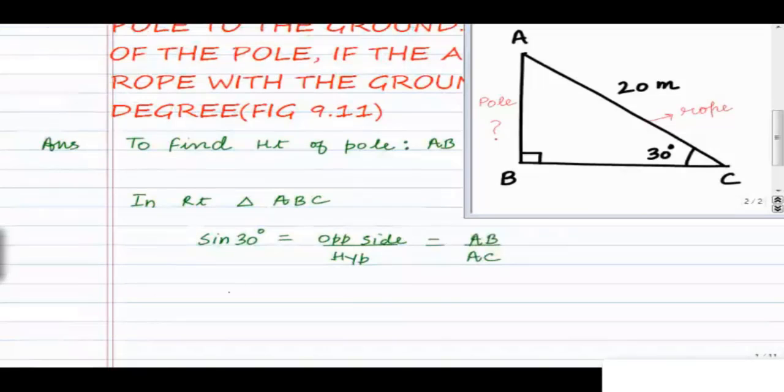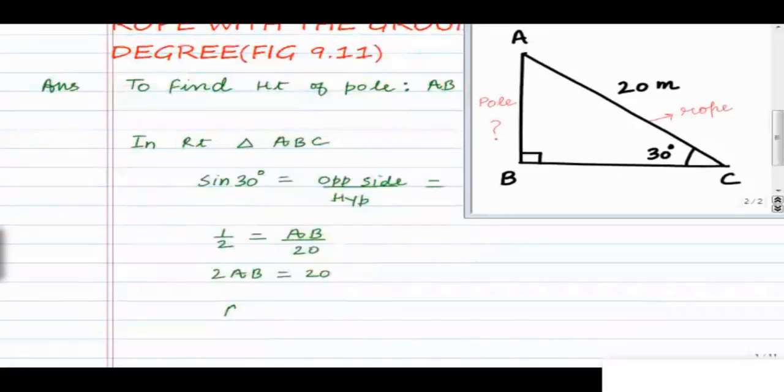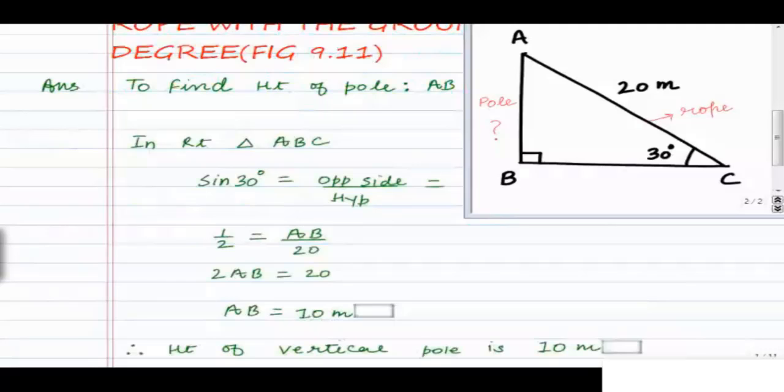Putting the values here, we know that sine 30 is 1 by 2, so 1 by 2 is equal to AB over AC. From our figure we can see our AC is 20. So from here we have twice AB is equal to 20. This implies AB is equal to 10 meters. Therefore, the height of the vertical pole is 10 meters.